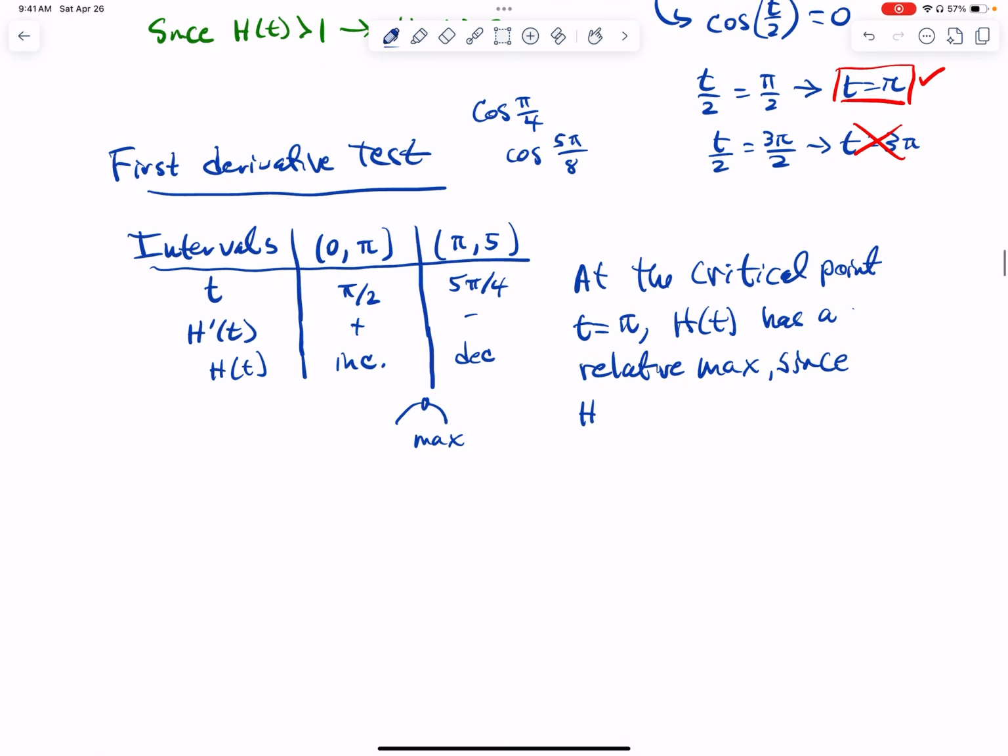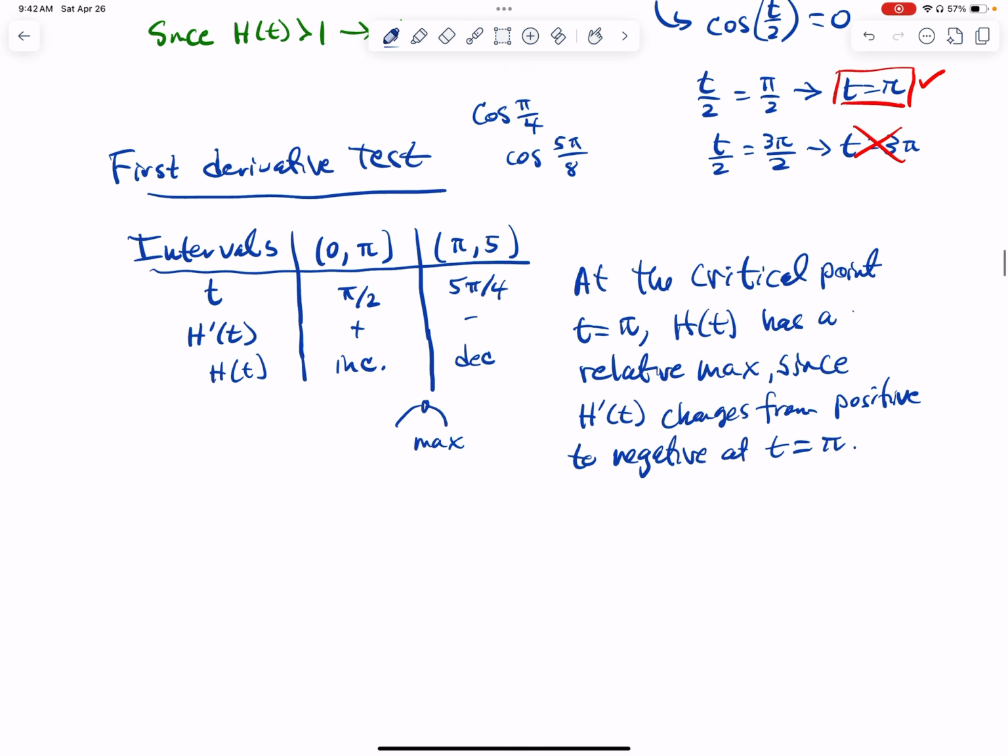Since h prime of t changes from positive to negative at t is equal to pi. I'll tell you what after I box this.